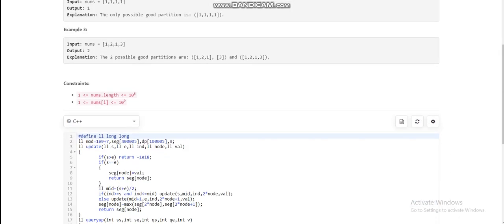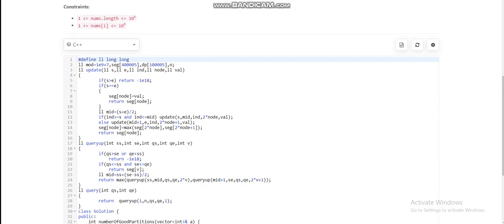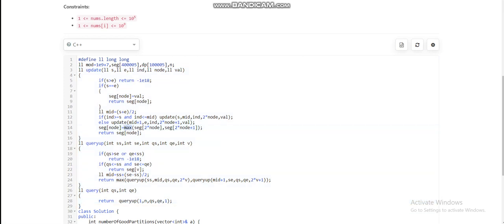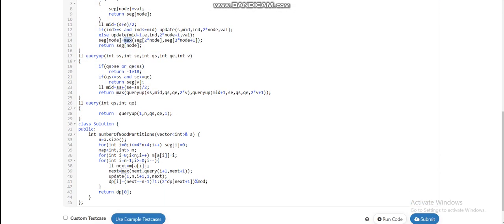So here this is the part for the segment tree. We are considering one segment tree where the operation will be max. So we are taking the max in the segment tree. Now here I have just initialized last of ai. Now we are defining next as last of ai.